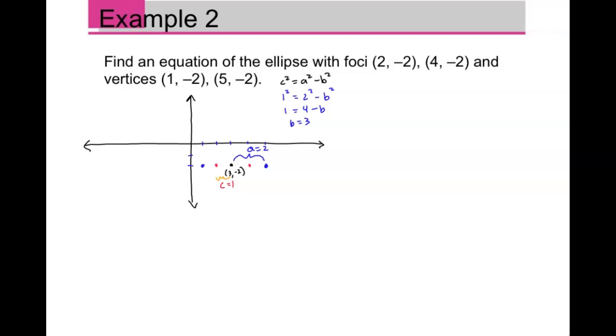So now I know a, b, and c, and I know the center, which is (h, k), right? And so the general form of a horizontally opening ellipse will now become this. Instead of just x squared, it's (x minus h) squared, because it's shifted, over a squared, plus (y minus k) squared over b squared equals 1.